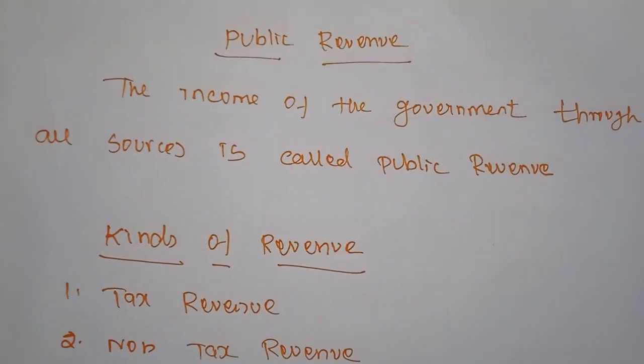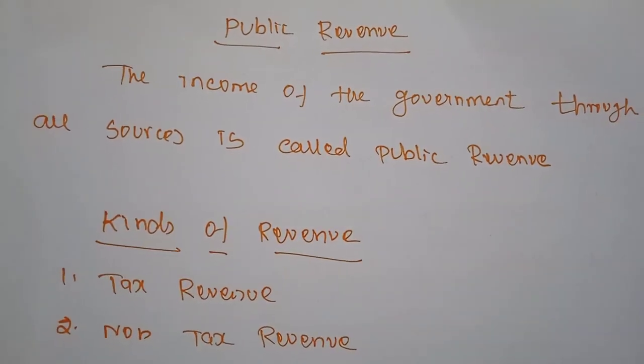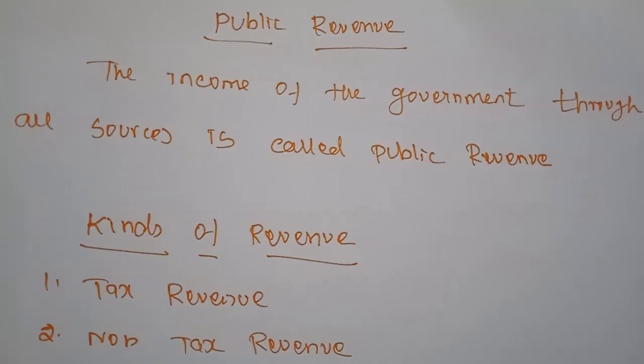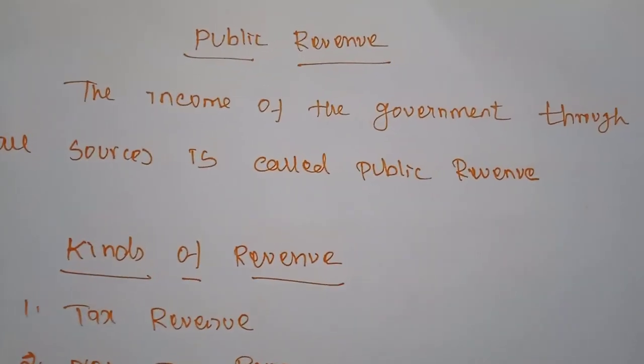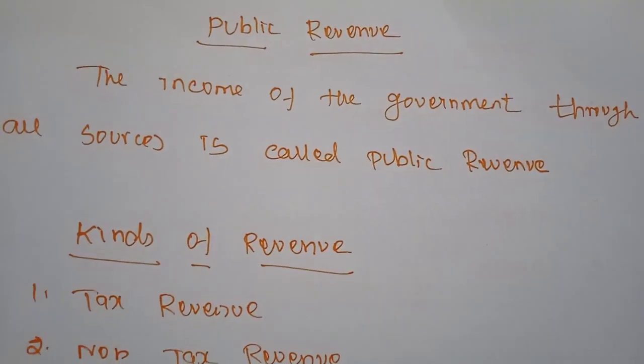The amount of public revenue to be raised depends on the necessity of public expenditures and the people's ability to pay. So the government can earn income in different ways.